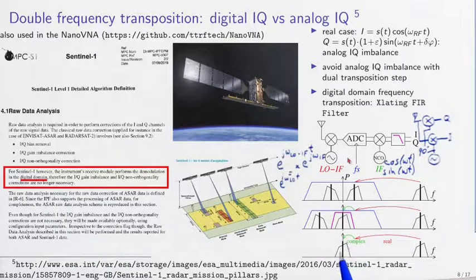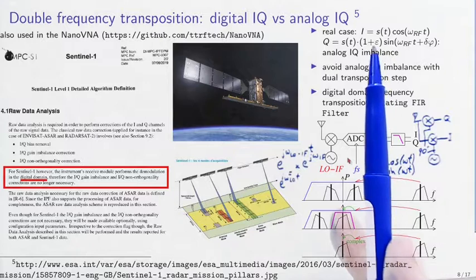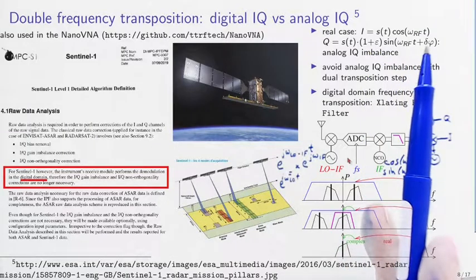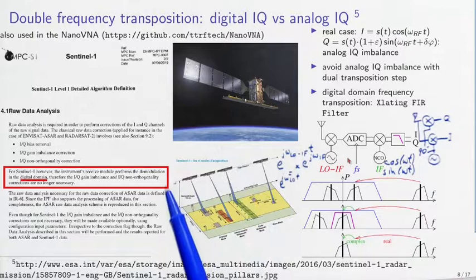And this original signal here is the baseband copy of the radio frequency signal that was over here, except that this time this signal has been transposed to baseband with perfect IQ quadrature components, because we have removed the issue of amplitude imbalance and quadrature non-orthogonality as described in this Sentinel-1 processing step.